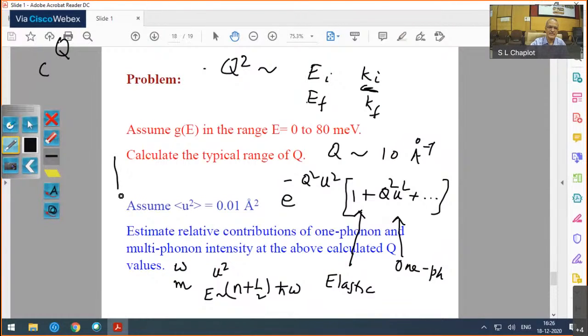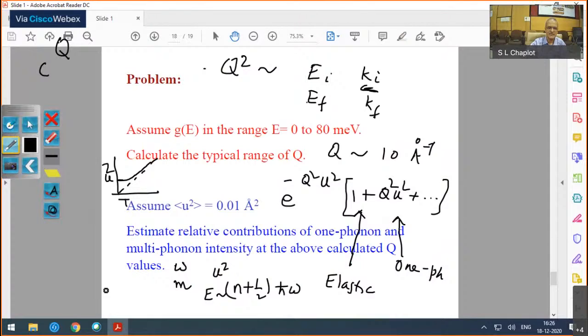In fact, if I plot u square as a function of temperature, it's actually something like that. You have a zero point energy and some larger number. So please try to calculate, assuming some typical values of frequency and mass, what are the u square.